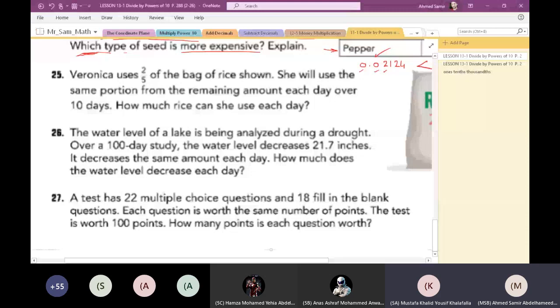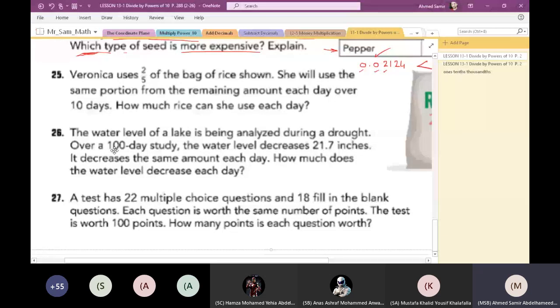Number 26. I'll read it for you and then we'll discuss together. The water level of a lake is being analyzed. So we have a lake, like a small water body, being analyzed during a drought. Drought means that there is less rain or no rain. During a 100-day study, the level of the water is decreasing.